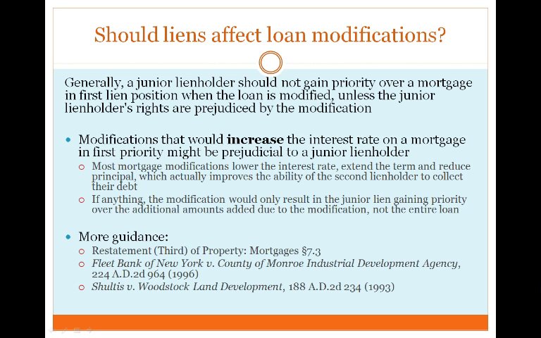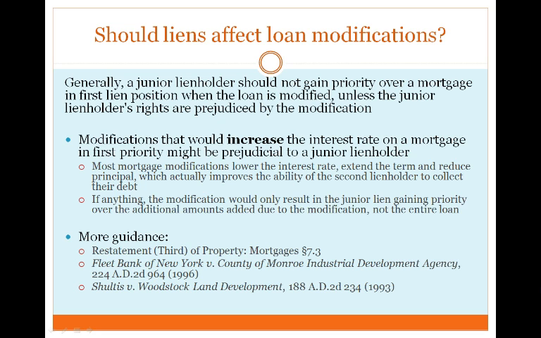And that makes sense because you're looking at people having to pay more money over time on this first loan, which means that the junior lien would be paid even further down the line and would have to wait even longer than what they had originally intended, looking at the original loan terms of the first mortgage. But as I put on here, most of the mortgage modifications that we are seeing are actually lowering the interest rate.